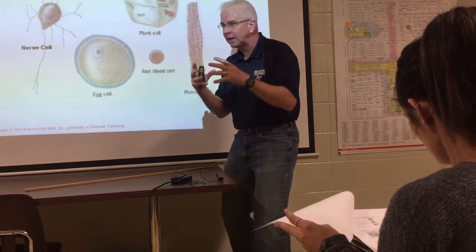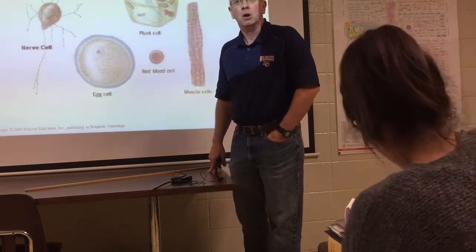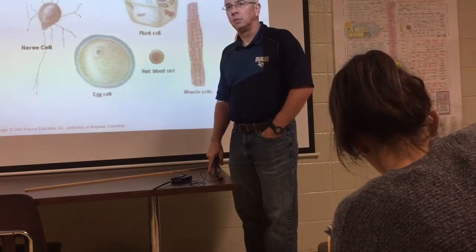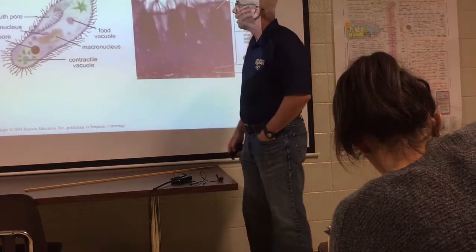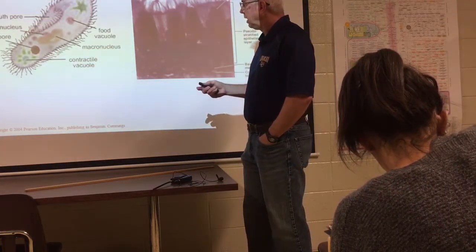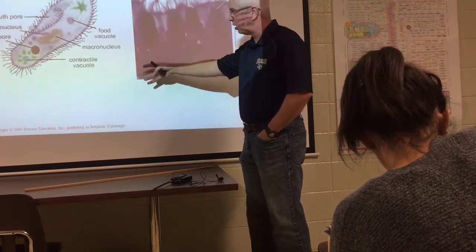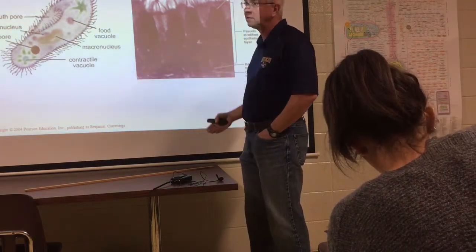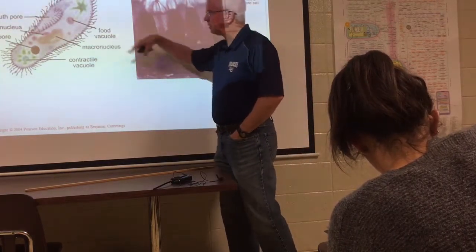The cytoskeleton inside cells is a protein network, mostly tubulin. A couple of different varieties of tubulin are used to make that cytoskeletal network. All right? Now, if I look on the outside of the cell, I can also see, so this is a single-celled paramecium.